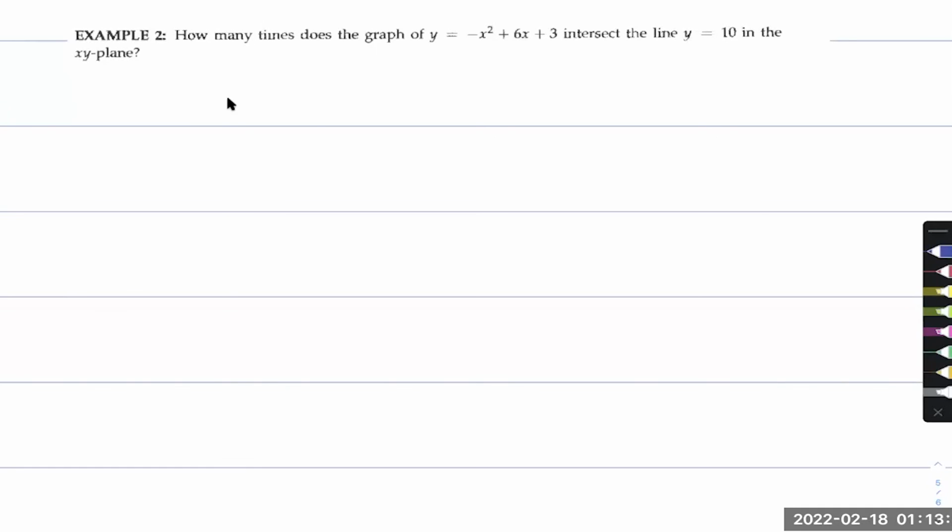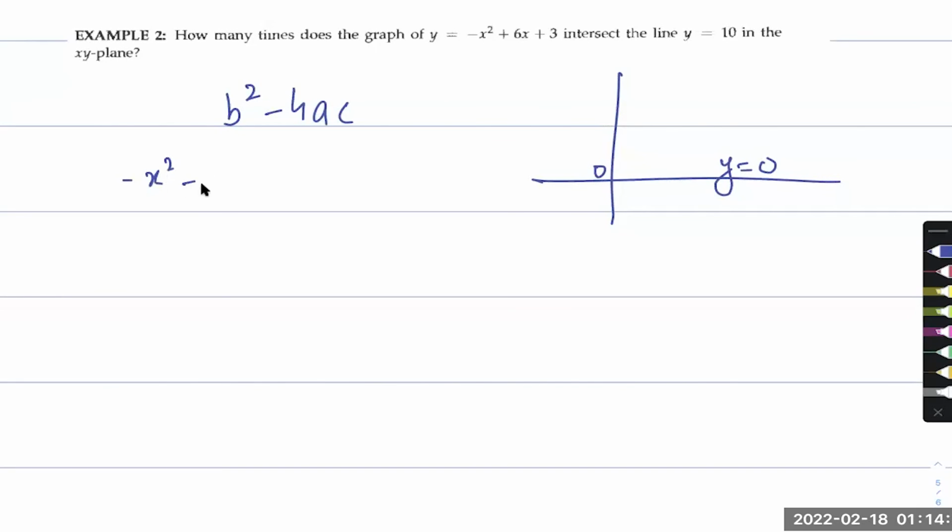We talked about the discriminant, b squared minus 4ac, and we said that it tells me if the graph is cutting the x-axis and the y-axis and all that. What is so special about the x-axis? y is 0, right? So when I take minus x squared minus 6x plus 6x plus 3 and put it equal to 0, then my b squared minus 4ac will tell me if it is touching the x-axis.